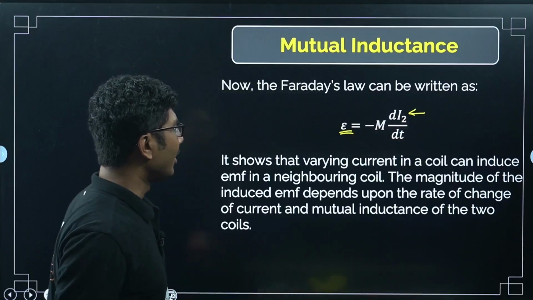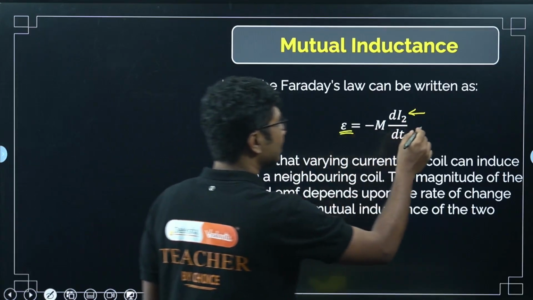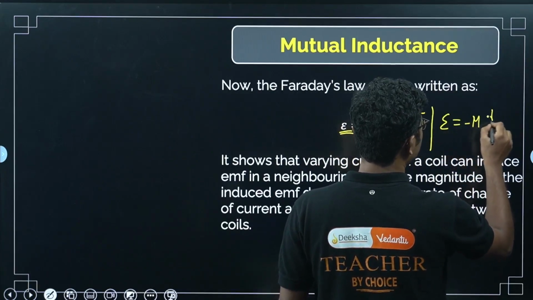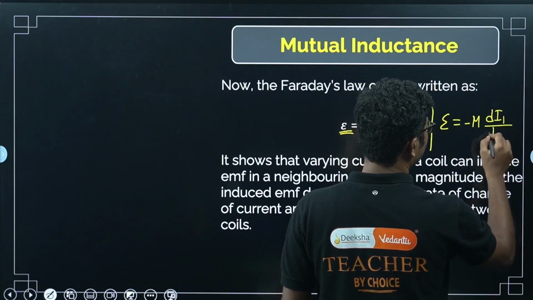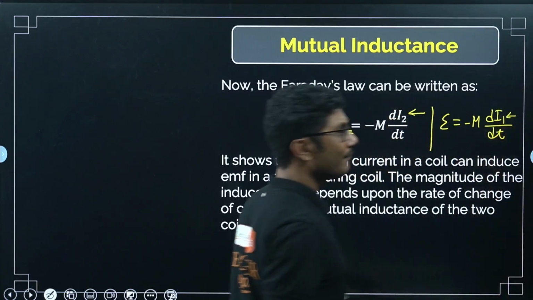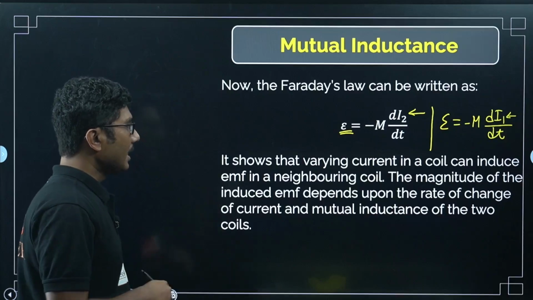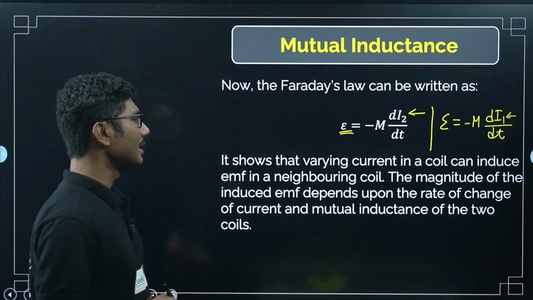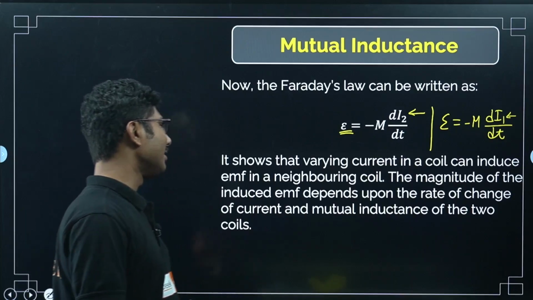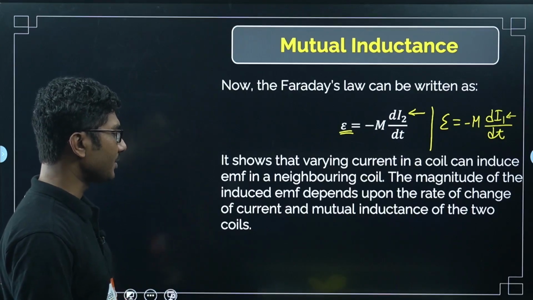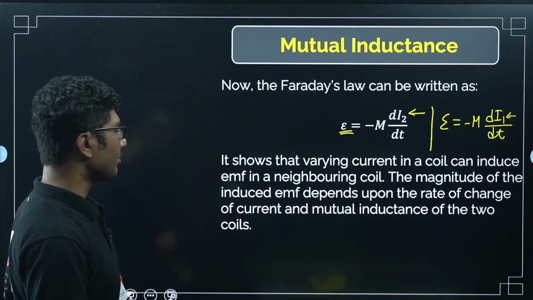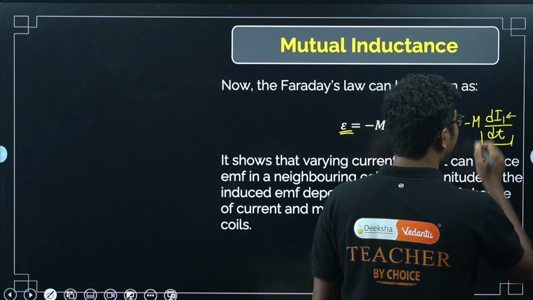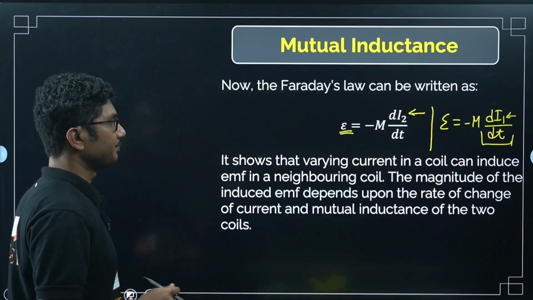Or sometimes we can write this as minus M di1 by dt when the current is in the first coil, the inner coil. It shows that a varying current in a coil can induce an EMF in a neighboring coil. The magnitude of the induced EMF depends upon the rate of change of the current and the mutual inductance of the two coils. So it depends on both things.